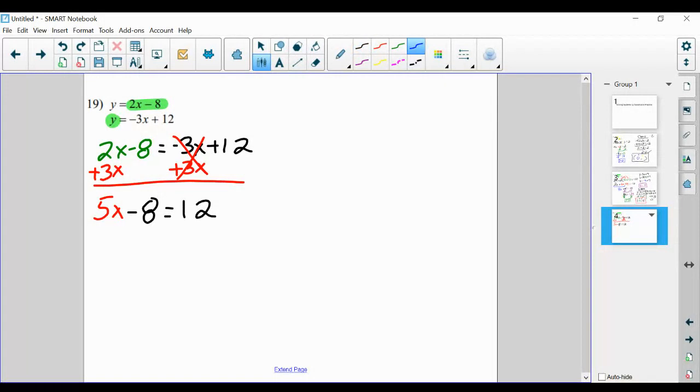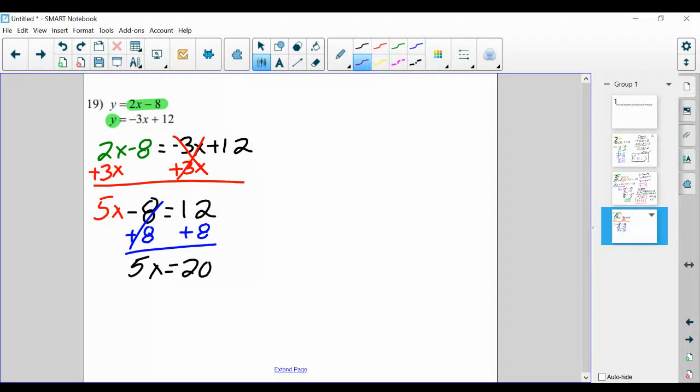Now that we have our x's on our left, we have to get our constants or our non-variable over on the right-hand side. We currently have negative 8 or subtracting 8 on the left, so we have to add 8 on both sides to undo it. When we do that, we get 5x is equal to 20.